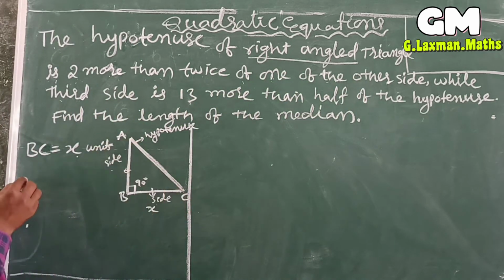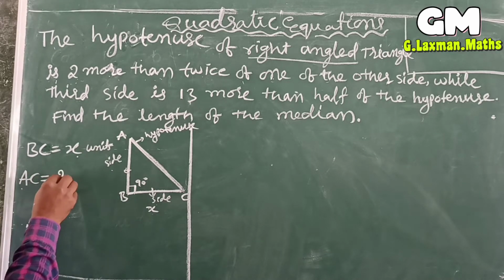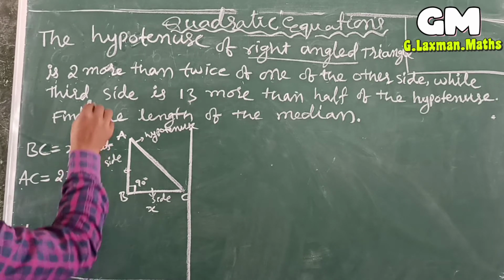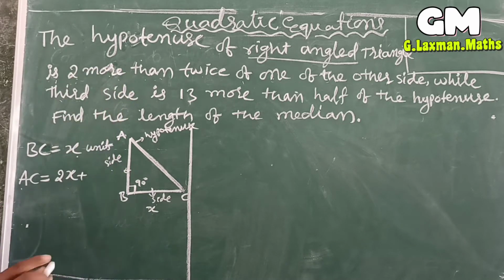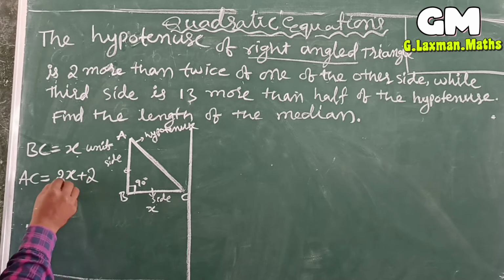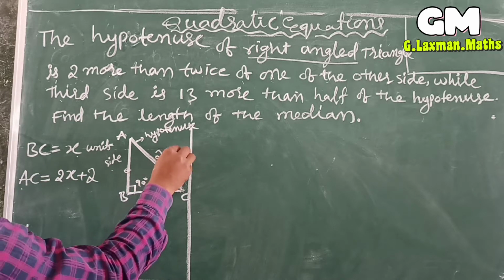So AC is the hypotenuse. AC is equal to twice one of the sides, that means 2x, plus 2 more. More means extra, that is 2. So 2 more means 2x plus 2. The hypotenuse is 2x plus 2.